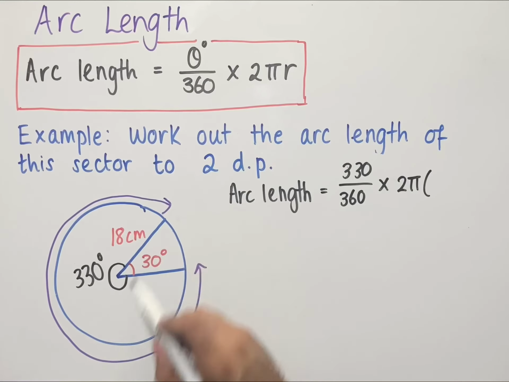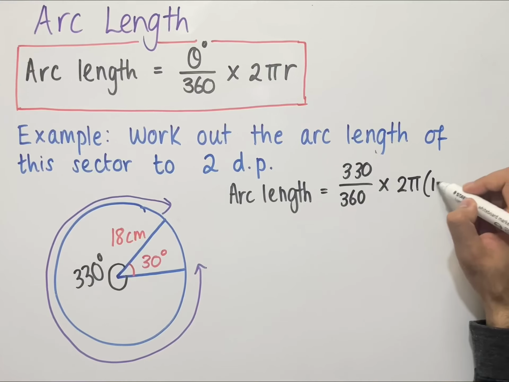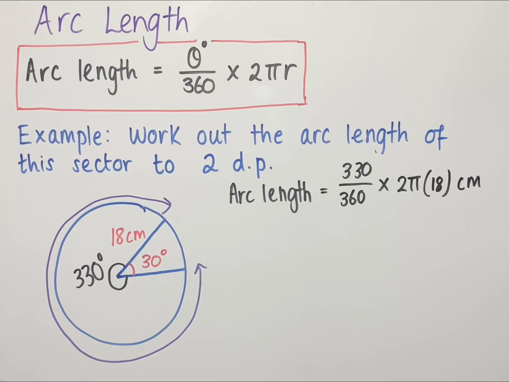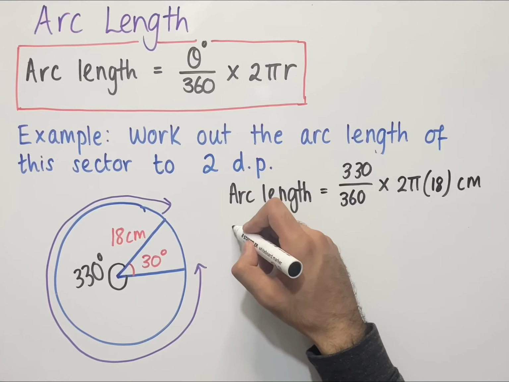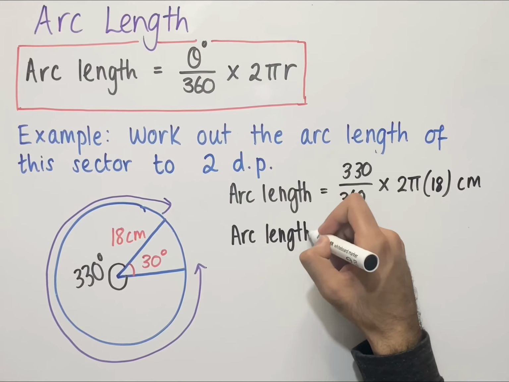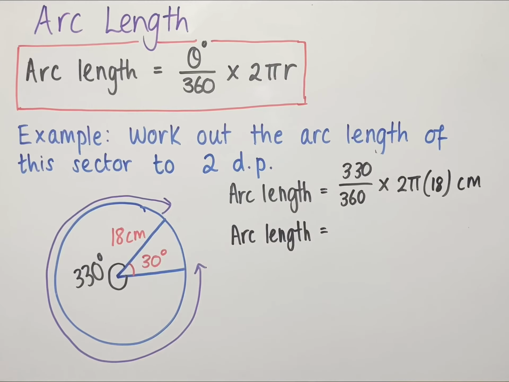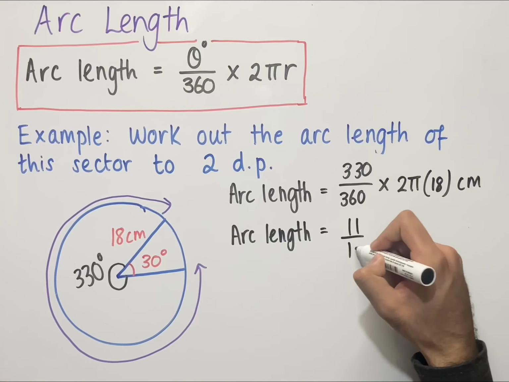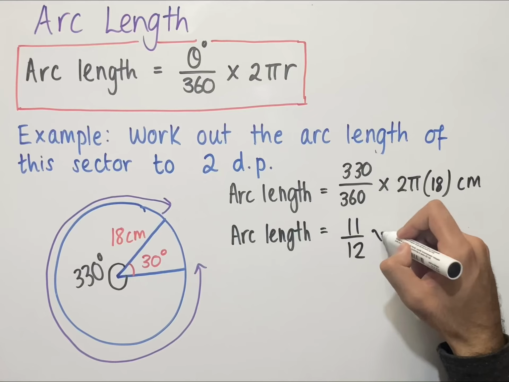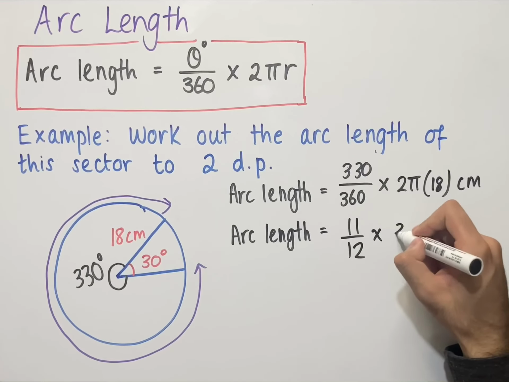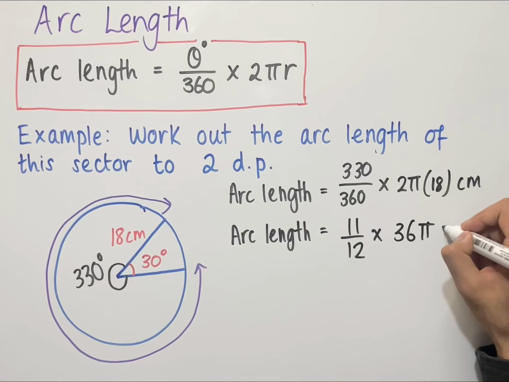The radius of the circle remains the same, and our units are centimeters. Simplifying, 330 divided by 360 simplifies to 11 over 12, and then we multiply by 2 pi times 18, which is 36 pi, and our units are centimeters.